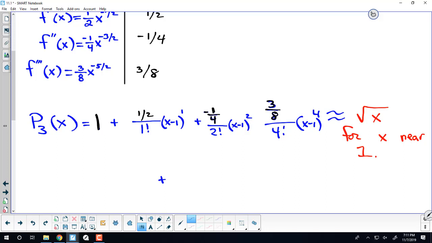That's coming from the third derivative, so it needs to be over 3 factorial, times (x minus 1) to the third. Okay, so super close, I just had it shifted.